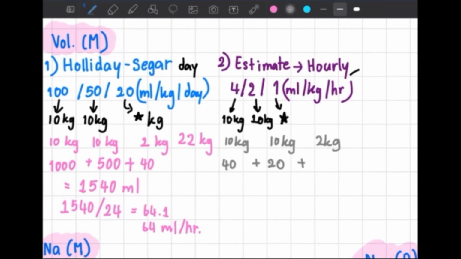And 2 multiplied by 1 gives you 2. Now you add everything up, and you end up with 62 mLs per hour. See that? That's not much of a big difference, but it was way shorter than the Holiday-Segar method.